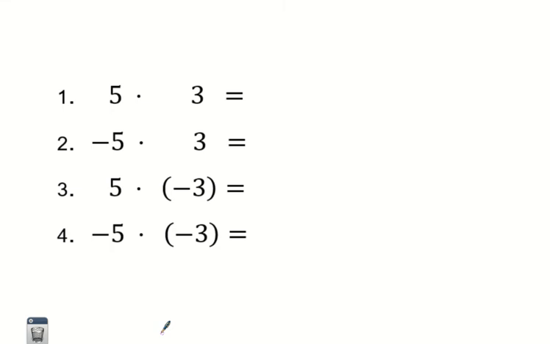But 5 times 3, that's a positive times a positive. That's going to be positive 15. And if you have a negative 5 times a positive 3, those signs do not match, and you end up with negative 15. Positive 5 times a negative 3, that's going to be a negative. The signs do not match.